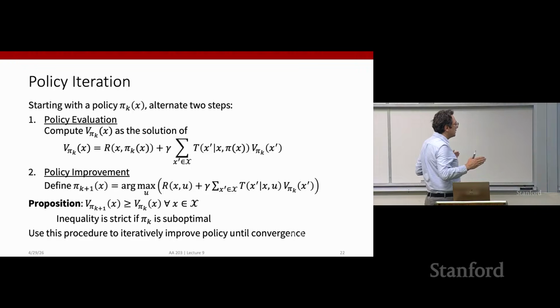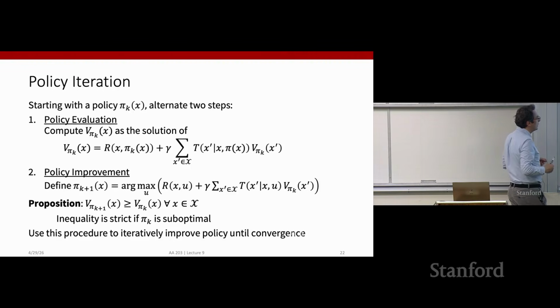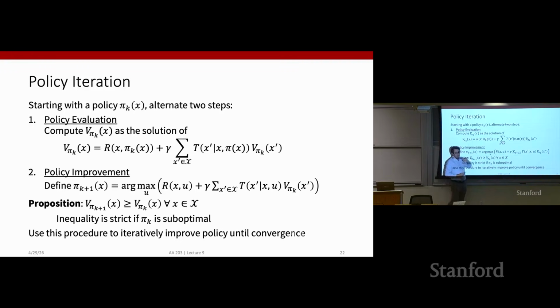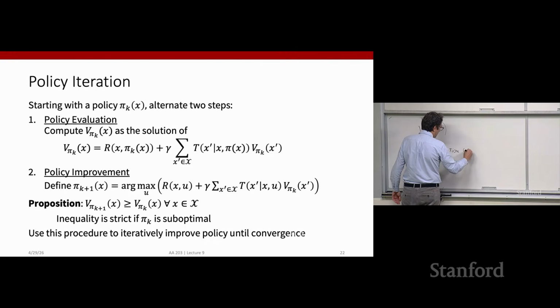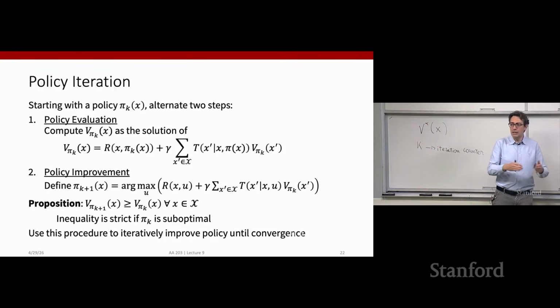Let's assume that you start from a given policy pi_k. Here, k does not refer to the time stage, but is the iteration counter. So k stands for the kth iteration in the policy iteration algorithm.